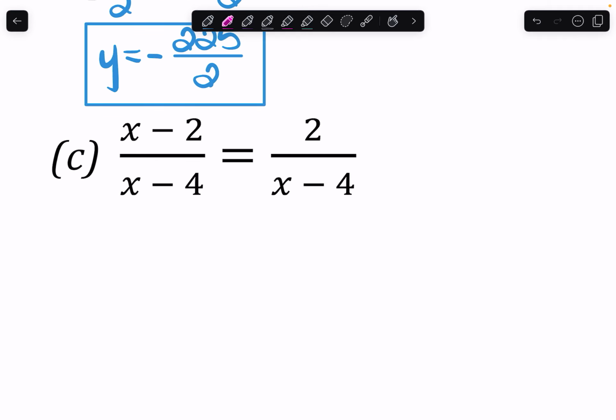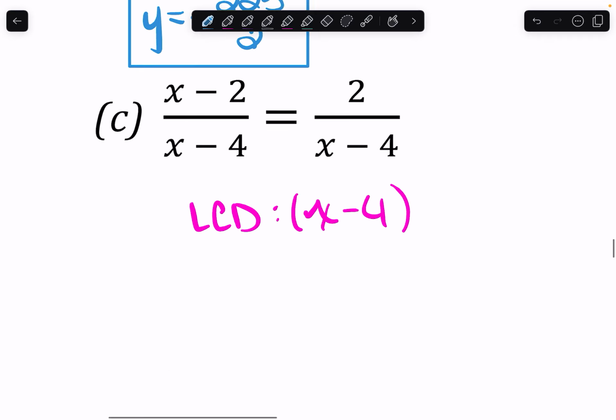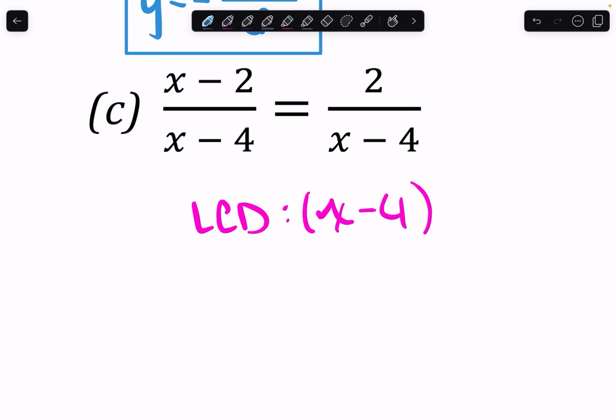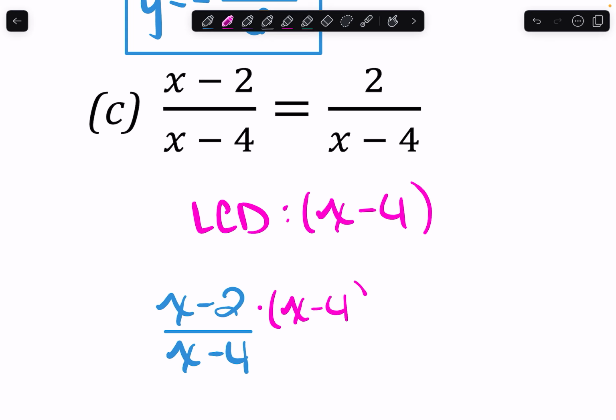All right, looking at my denominators, it's in factored form, so I can go straight to my LCD. LCD is x minus 4. The denominators are the same. So we're going to multiply each by the LCD. Our first fraction, x minus 2 over x minus 4, gets multiplied by the LCD, x minus 4. Then we have our equals sign.